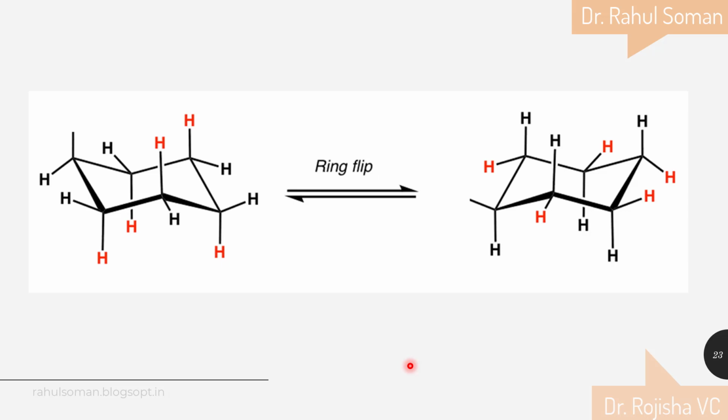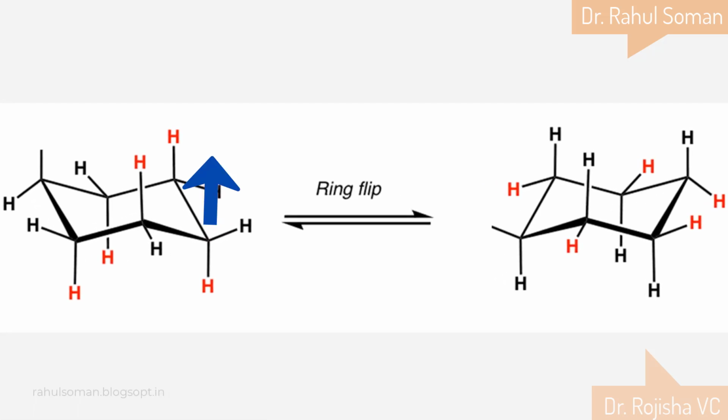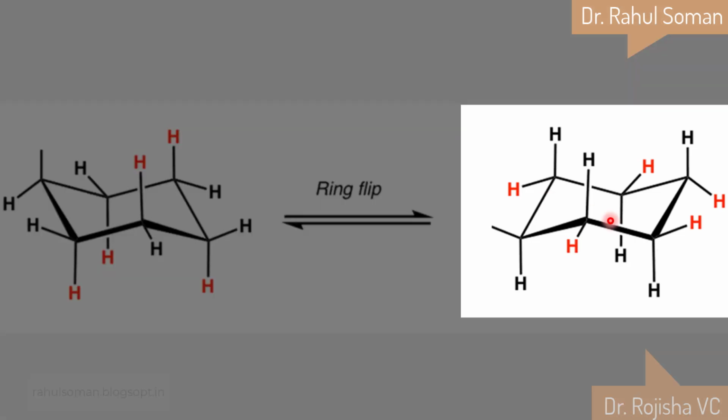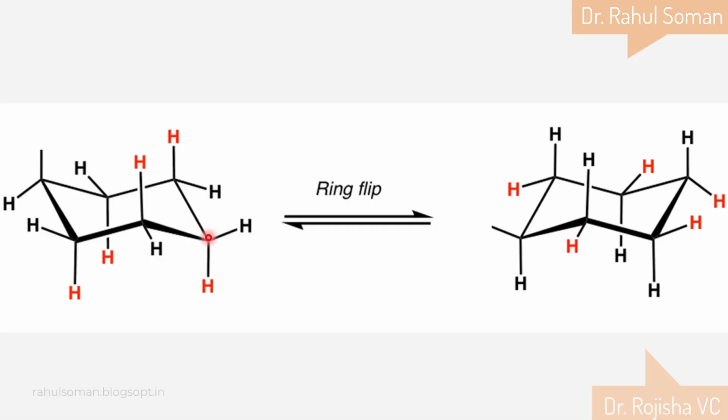Ring flipping: whenever we lift this down carbon up, we can make it up, and we can make this up carbon down also. If you do that, we will get this conformation, isn't it? This is happening in the case of cyclohexane.